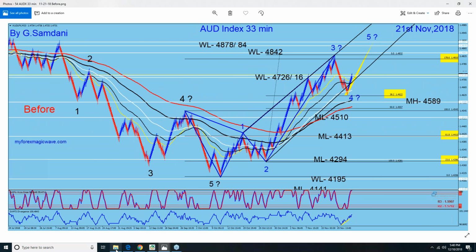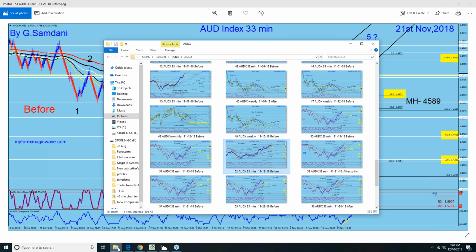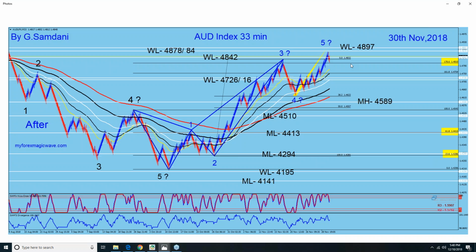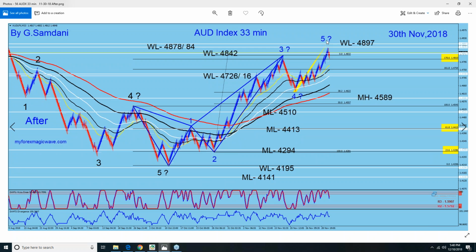So what happened to that? Let me show you what happened to that. We were here exactly at wave 5. So when you're tracking this, if Aussie index is going from here to here for wave 5 to the upside, Aussie is getting strong again, and then if Aussie is getting strong, then Euro Aussie, Pound Aussie will be dropping, and Aussie USD, Aussie Yen, they will be going up.